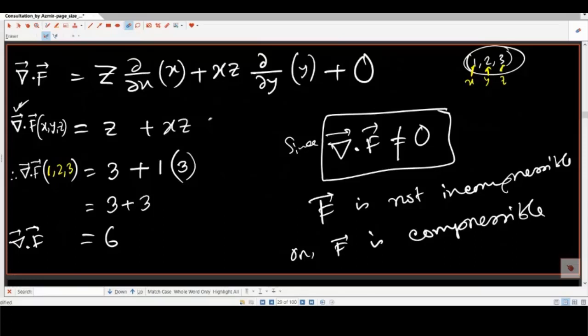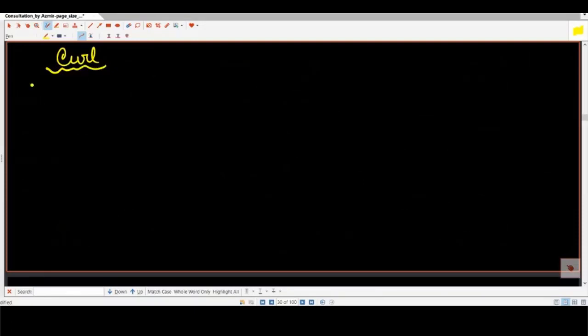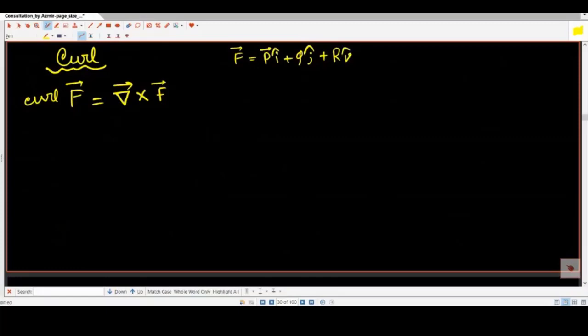Now let's focus on curl. So curl of f is equal to the cross product of del and f. Since cross product deals with three-dimensional vectors, f must be a three-dimensional vector field. So let's say we have a vector field f equals pi plus qj plus rk.